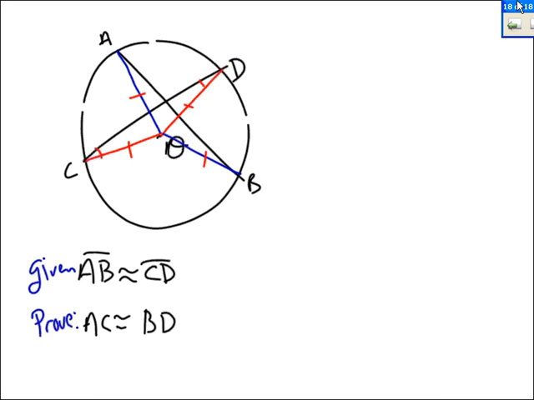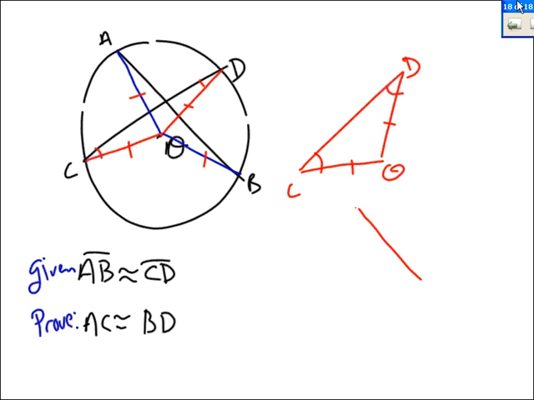They are, well, radii. Okay, so basically we have these two triangles. We have OCD. Those angles are equal, and these two sides are equal to one another.